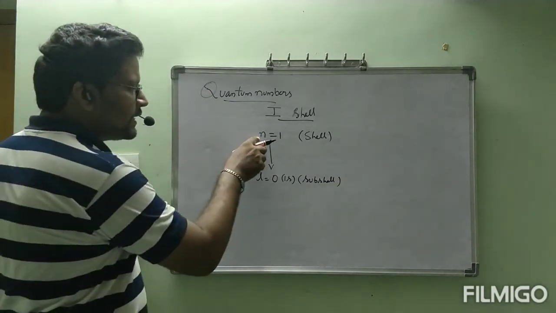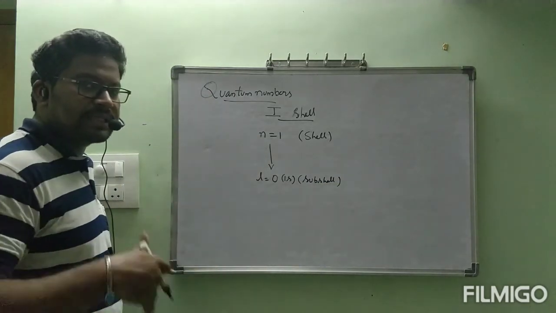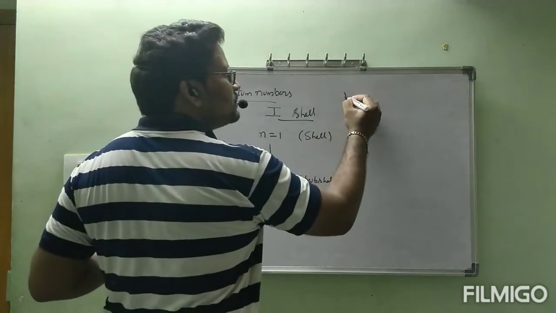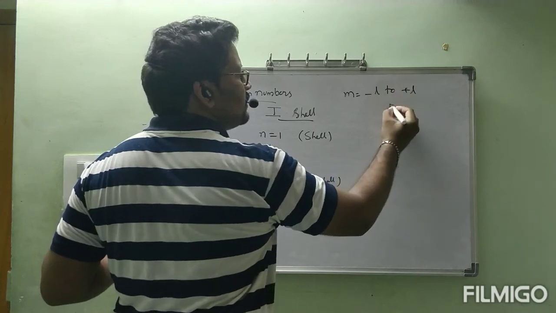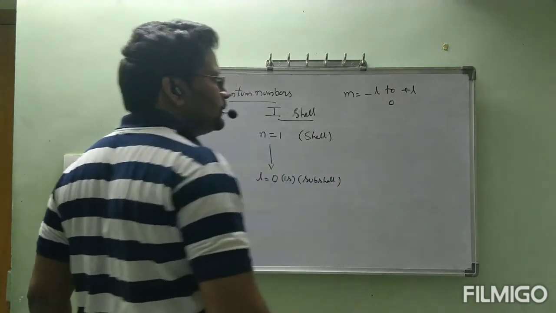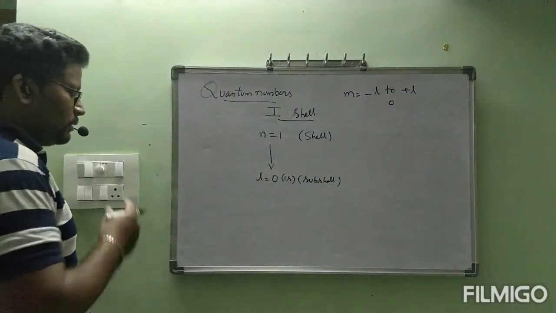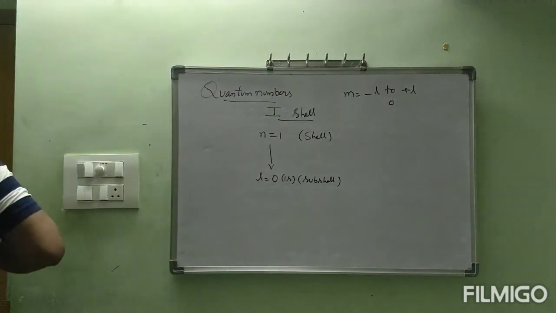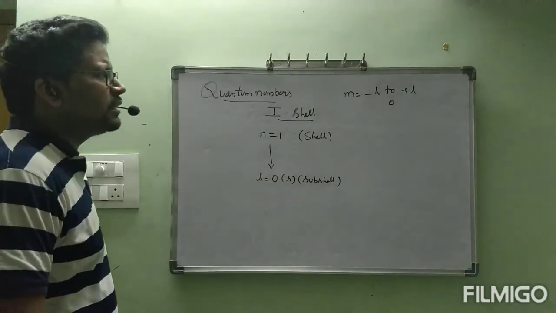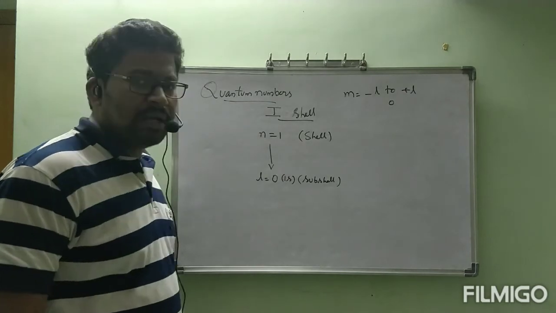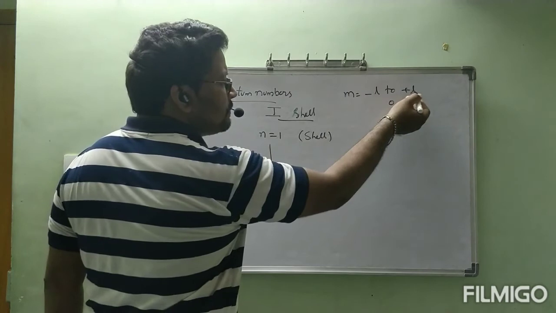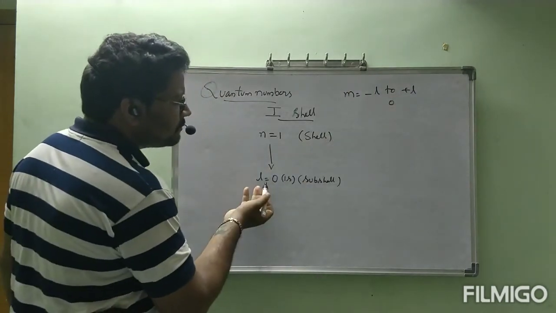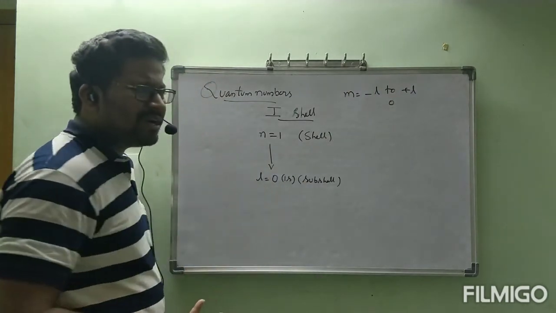So l values are completed. Next m value. m values are from minus l to plus l including 0. Here l is 0, so from minus 0 to plus 0, only 0 we have.